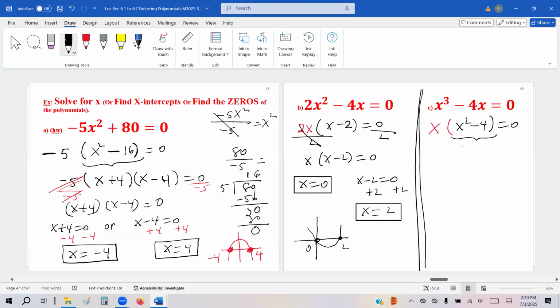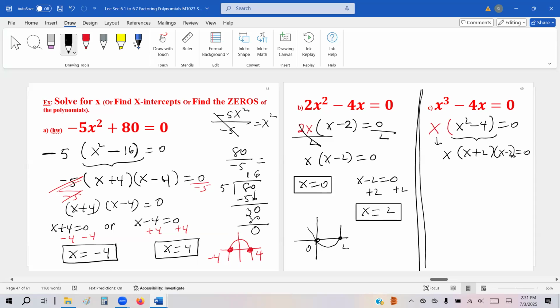It's a perfect square, so you have to factor more. What are the two factors we have? X plus 2, x minus 2, and we already factored out the x. So this time we have 3 factors: 1 from the GCF and 2 from the perfect squares.